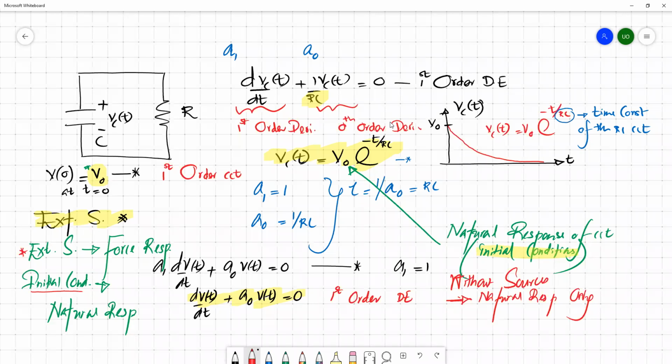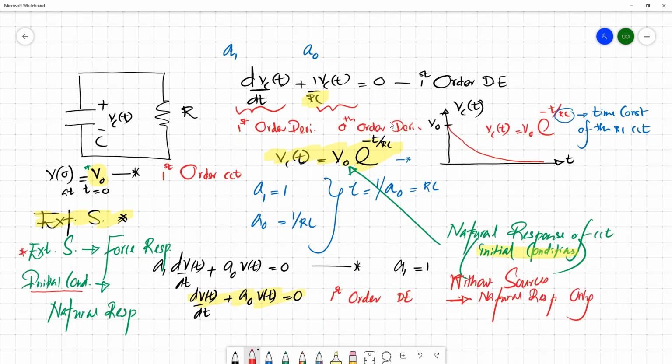For such a circuit, we end up with a natural response. If you have external sources, a particular circuit may end up with both natural response and forced response, or forced response only if your initial conditions are zero.